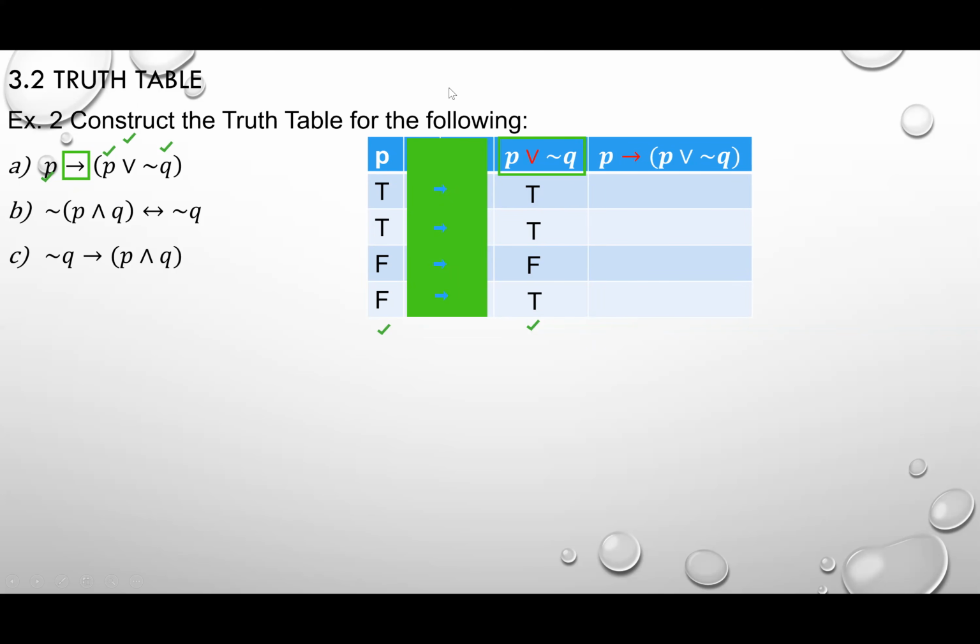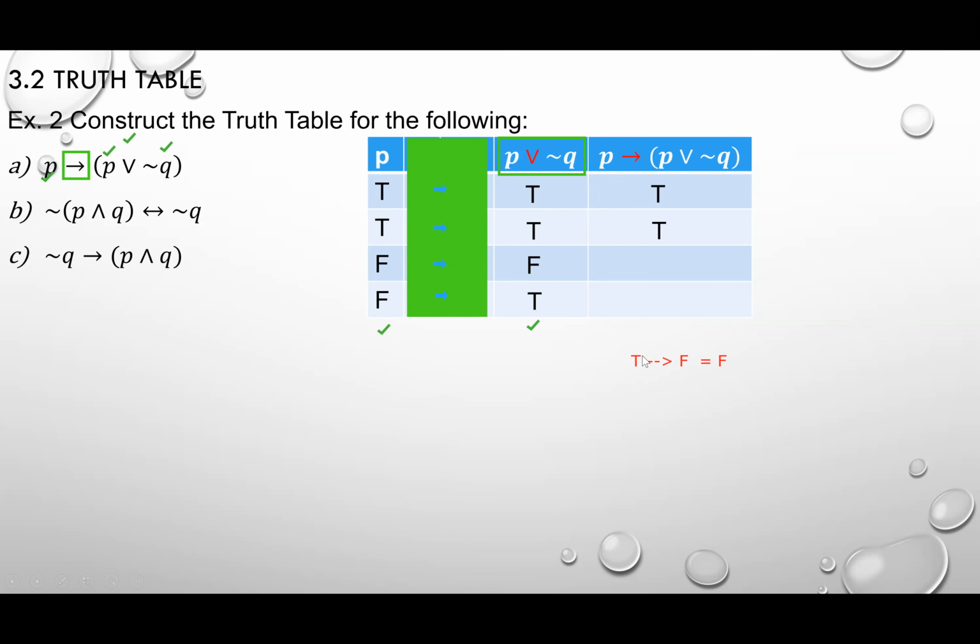So do I have any case where the first thing is true and the second one is false? As you can see, the first thing is true, second one is true, the result is true. The first thing is true, second one is true, the result is true. The first thing is false.